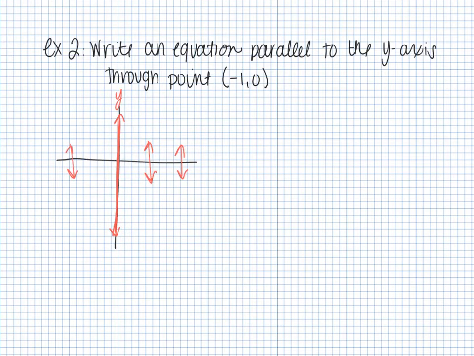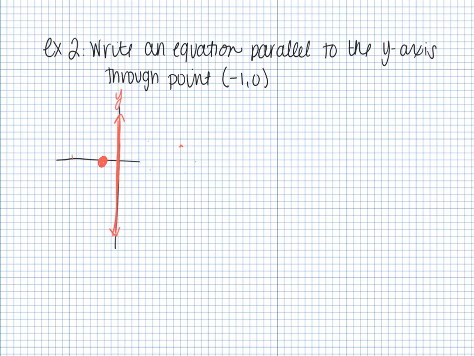Now, any of those lines would work, except it says that goes through the point negative 1, 0. So I'm going to want to plot that point and get an idea of, okay, well, where are they actually asking me for? So the point negative 1, 0 is going to be right there.